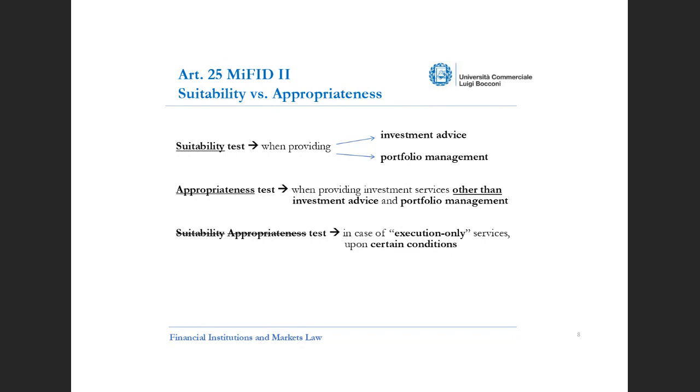And in fact, they are the two services that are subject to the suitability test. All the other services are instead subject to the appropriateness test, which works differently from suitability, as we will see.